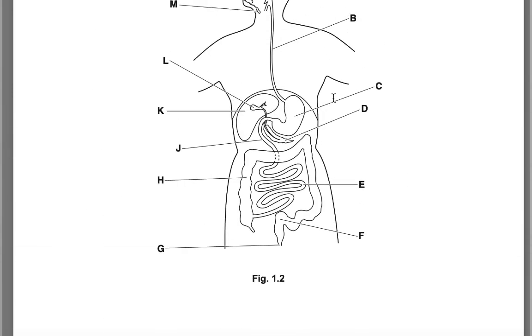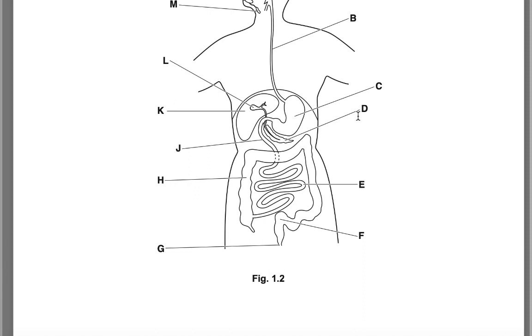Which letter stands for pancreas? This place. Before this is the duodenum, which is also considered the entrance of the small intestine. This letter J. Okay, but before you enter this place, there is something that looks like a small liver. It's called the pancreas.